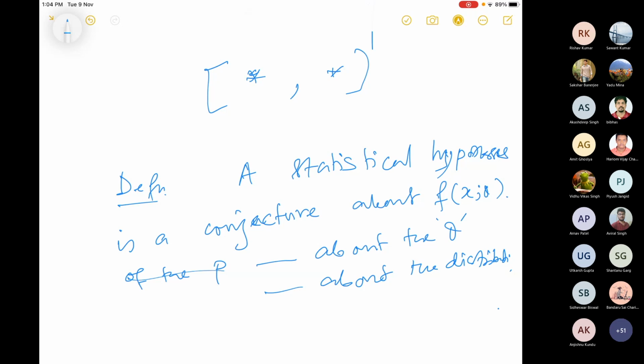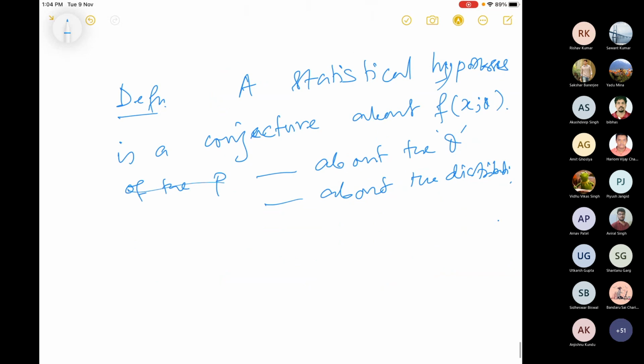Now, suppose my hypothesis is H, I denote this conjecture as H. Then I call it a simple hypothesis if f x theta is known, this specifies the density function, but theta is unknown.